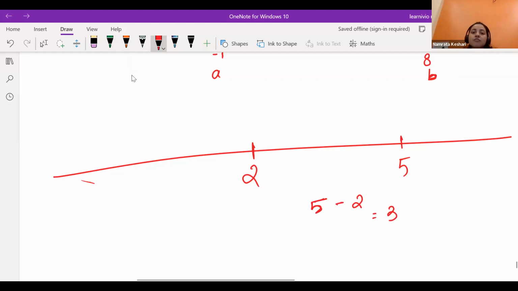Now let's check it. Between 2 and 5, is the distance 3 centimeters or 3 units, yes or no? Let's check it. So between 2 and 3 is 1 unit. Here I am saying units, not meters or centimeters. 3 to 4, 1 unit, can you see? And 4 to 5, 1 unit, so of course it is 3 units.